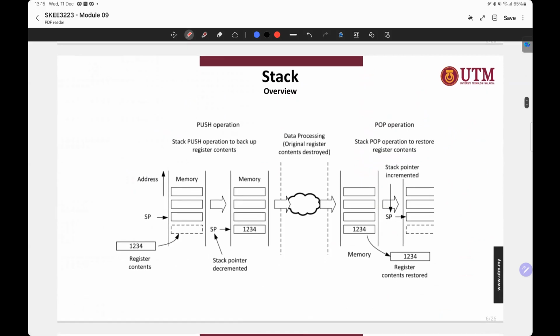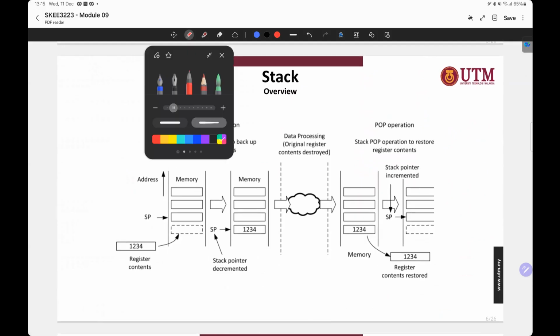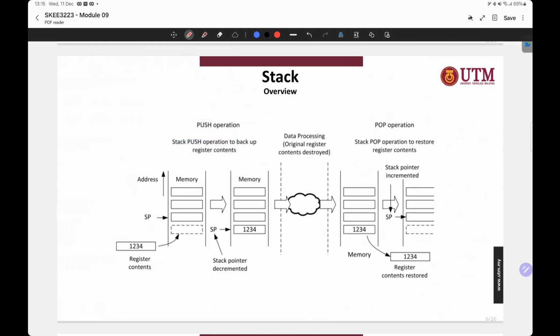So this is an example of stacks. We have a memory, which is our data memory, in this case our RAM. Now we're going to look at the push operation and the pop operation.